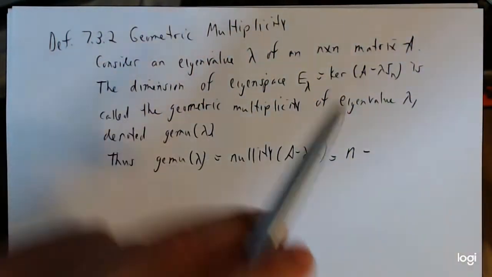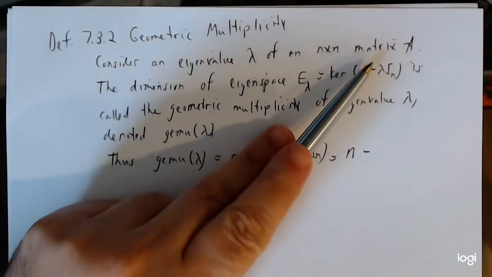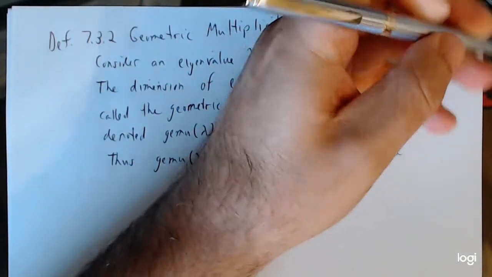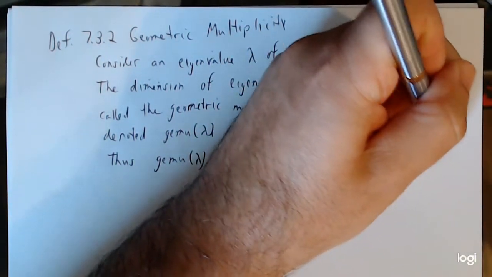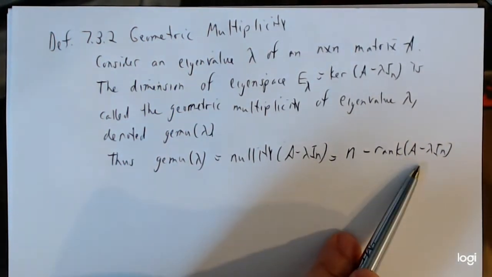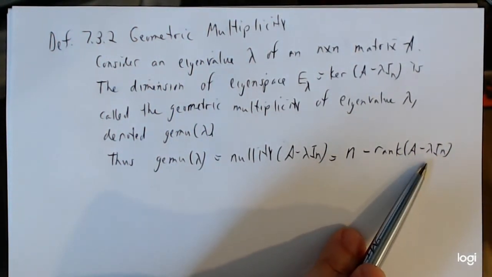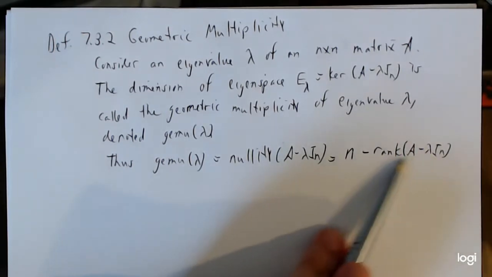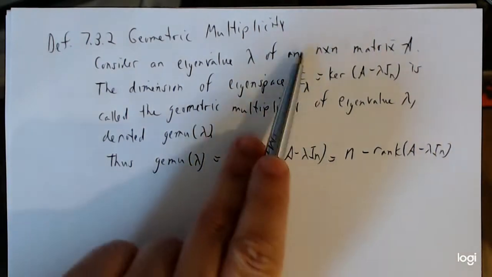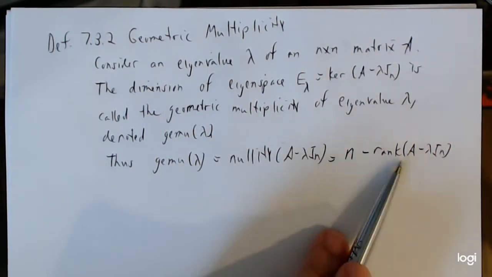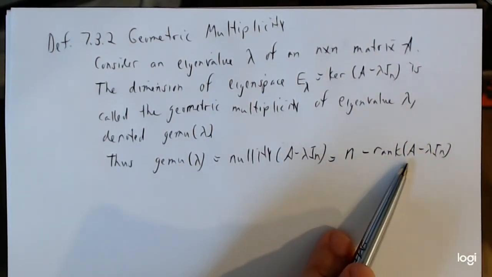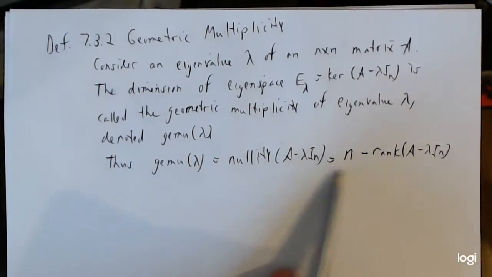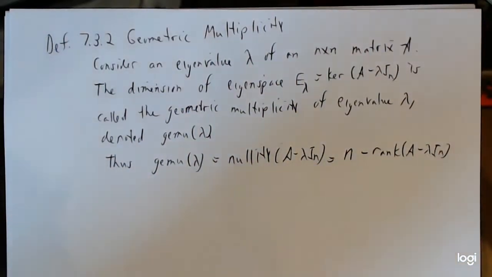So we take away the rank of A minus lambda I sub n. Because remember, the rank is just all the leading ones. So when you take away the leading ones, that tells us what's not in our kernel. So when you subtract it from your entire dimension, what you're left with is the dimension of your kernel. All right, so if you remember, we did talk about this first semester.